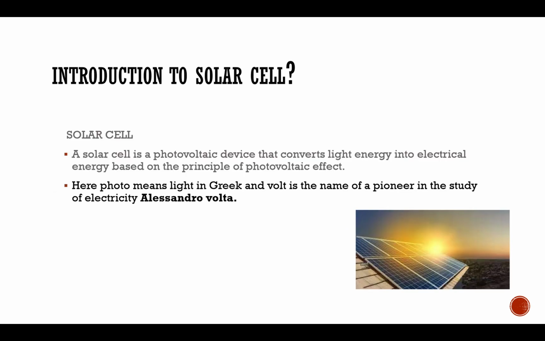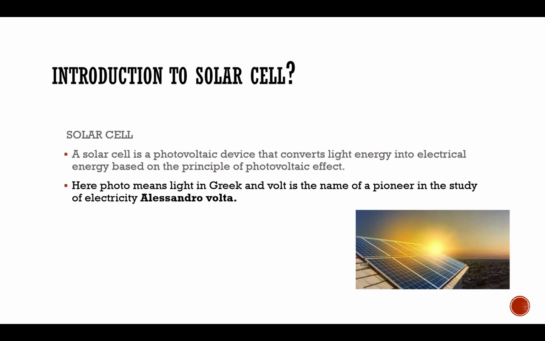I'm sure everyone knows what the solar cell means. First of all, what is solar? Since our school days we have a little knowledge about solars. So what is solar cell? I'll give you a clear, simple definition.